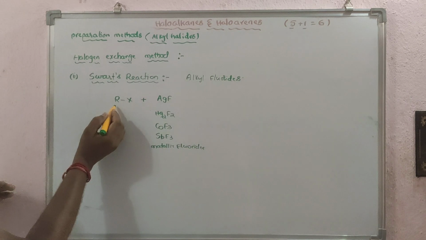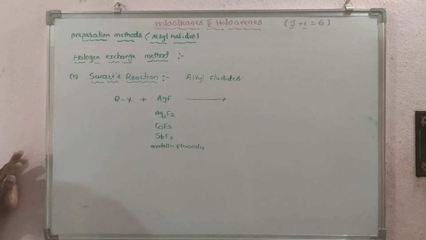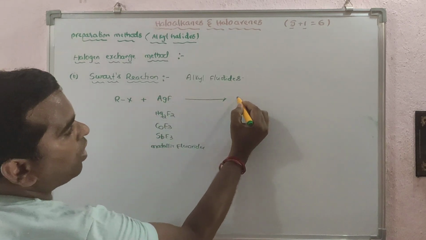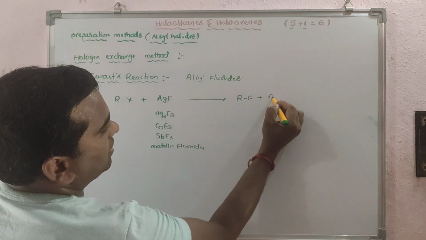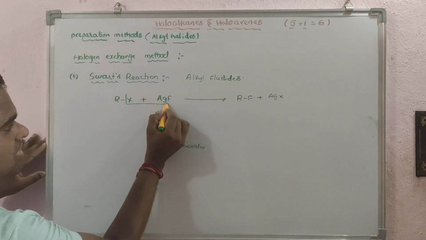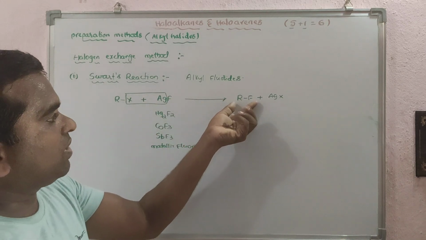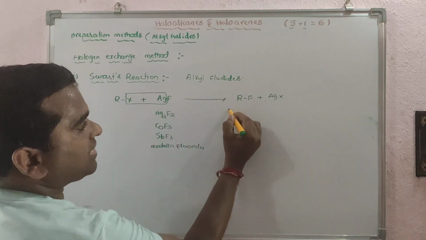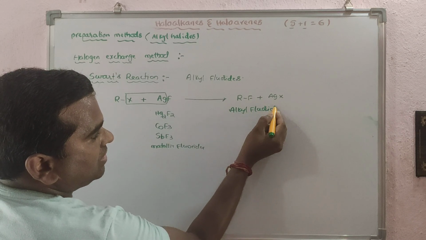When alkyl halides are reacted with metallic fluoride, then it gives alkyl fluoride, plus you will get AgX. Clear? Simple. Here AgF we will remove and AgX will be removed, and you will get the alkyl fluorides.